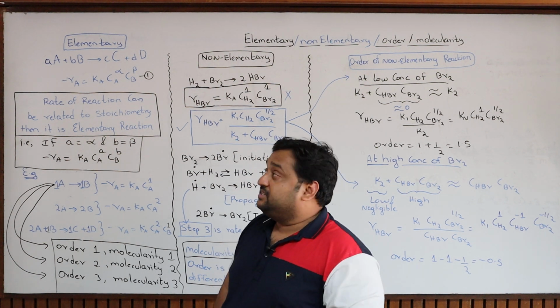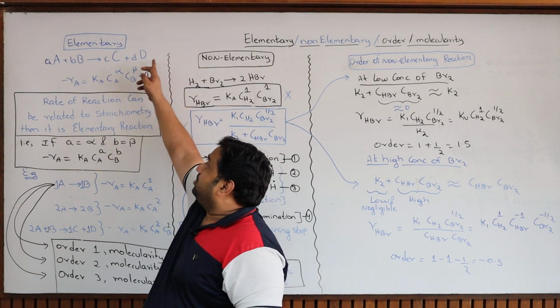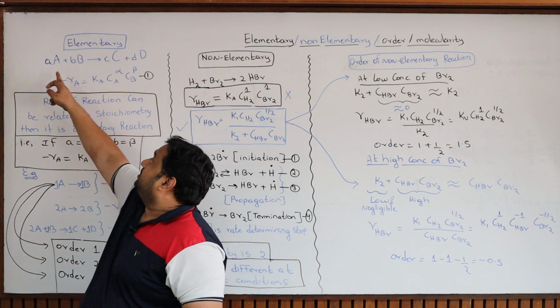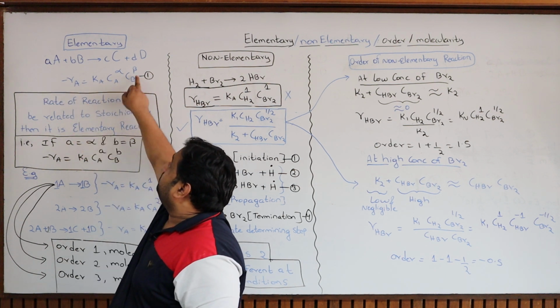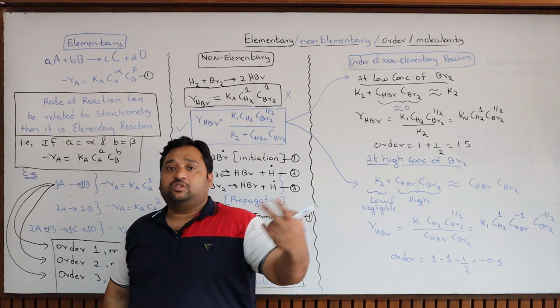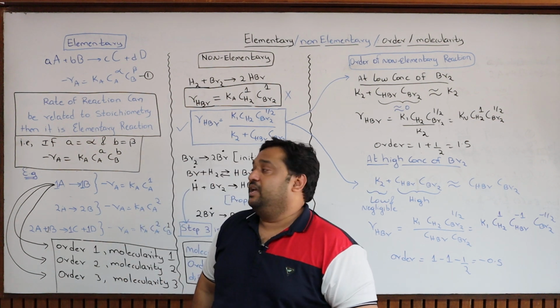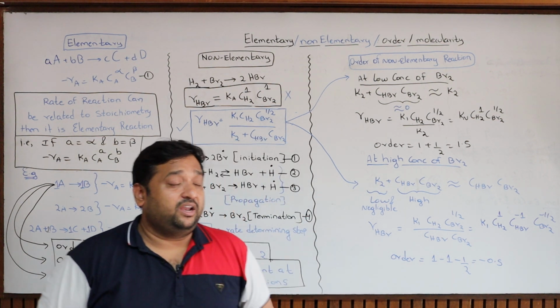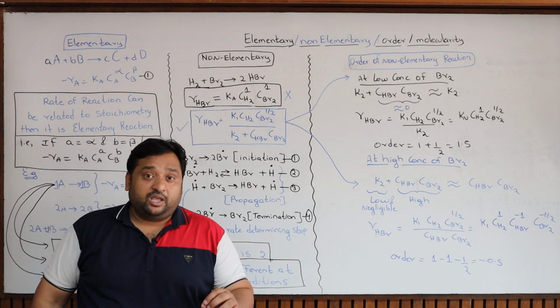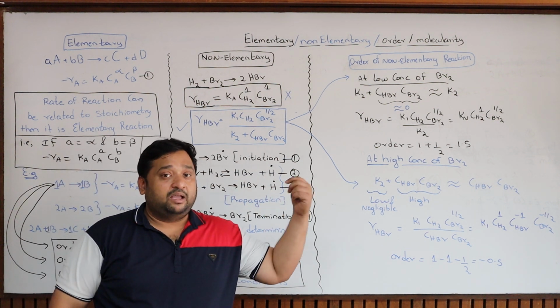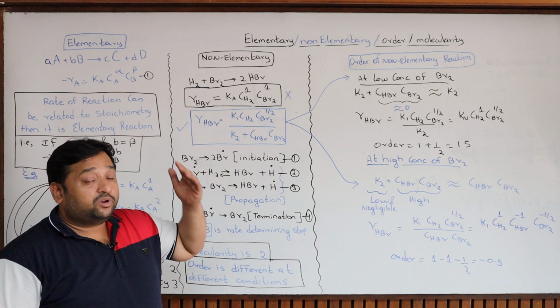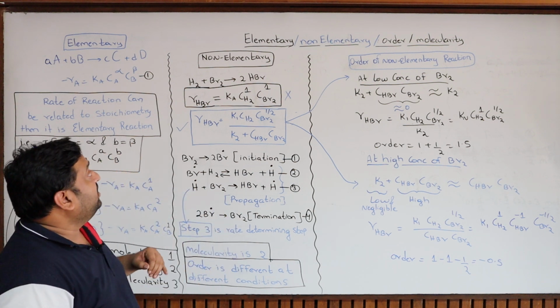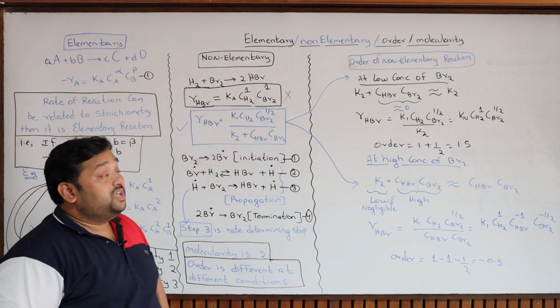So in a very simple sense, elementary reactions are those where I can relate the stoichiometries and concentration powers in the rate expression. If both are matched, then it is called an elementary reaction. Let us go to the non-elementary reactions. You have to be a bit careful while I am teaching, because more difficulty comes into play now. Non-elementary reactions.